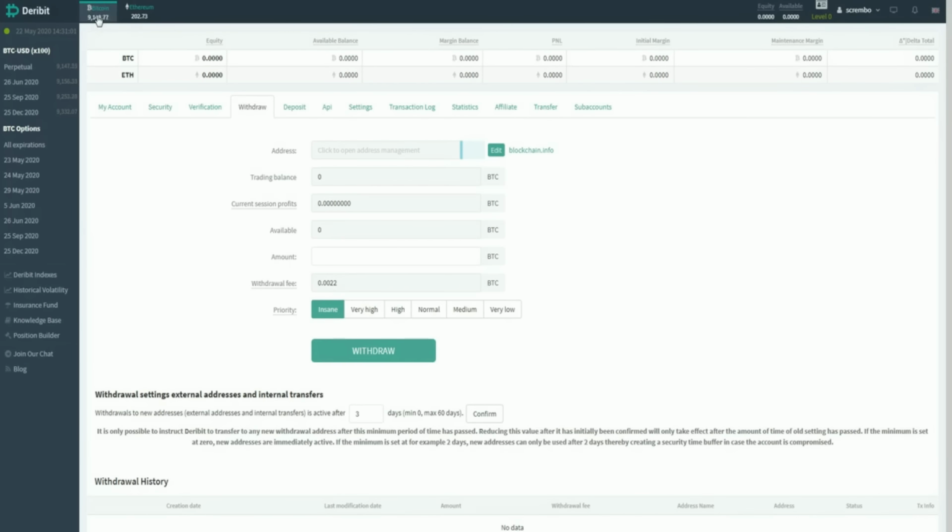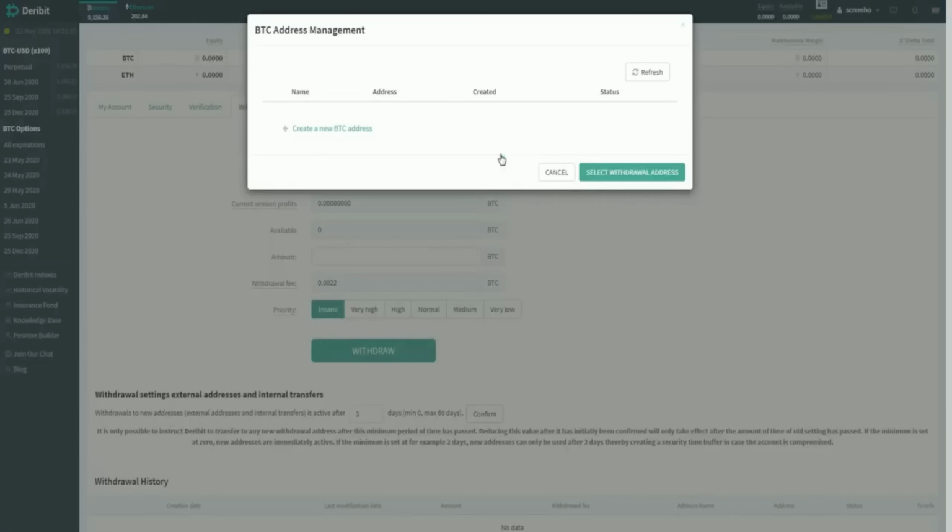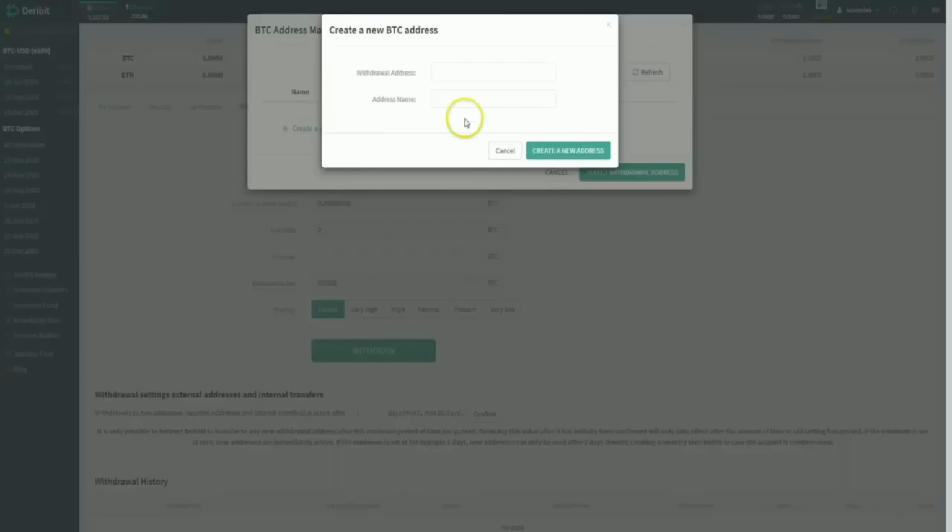For withdrawal and deposit, you can see the address, total balance, current session profit and loss, and the amount, how much you want to deposit or how much you want to withdraw. And the withdrawal address.